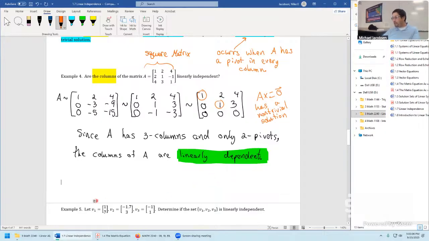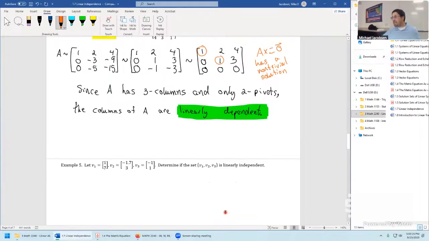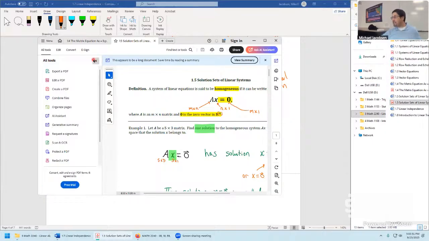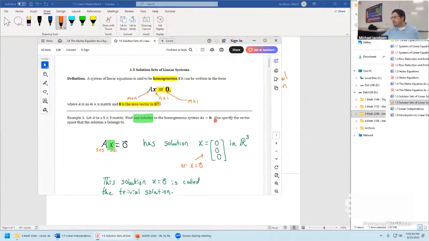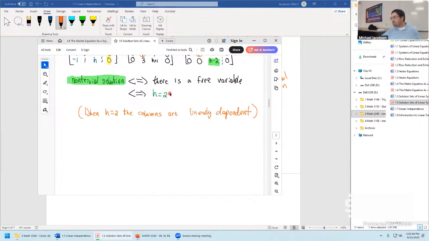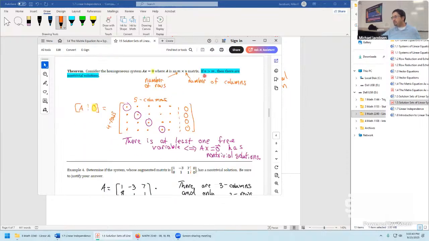Next idea is what happens when you have kind of a weird set of vectors. There's 3 vectors taken all together. We want to know if this set is linearly independent. It's kind of the same problem as before, but you might have noticed you don't necessarily need to do any row reduction. In fact, this problem really connects well with what we were talking about in section 1.5. Section 1.5 had a really interesting idea that said if you're considering the homogeneous equation Ax equals 0, and if there are more columns than there are rows, then there are automatically non-trivial solutions.